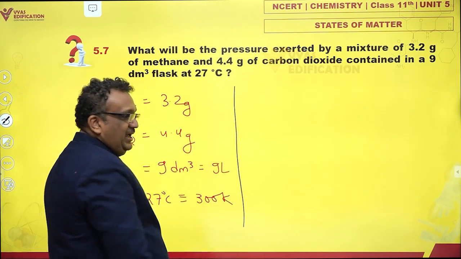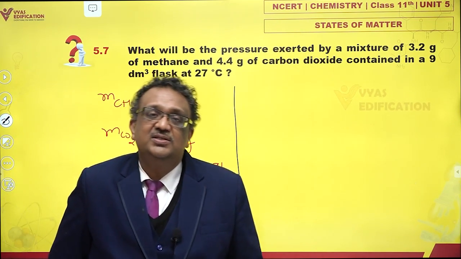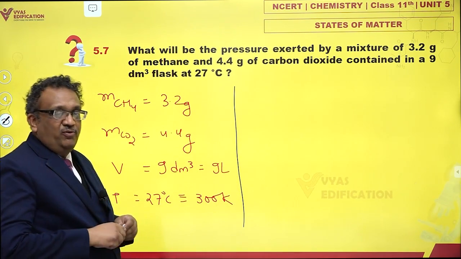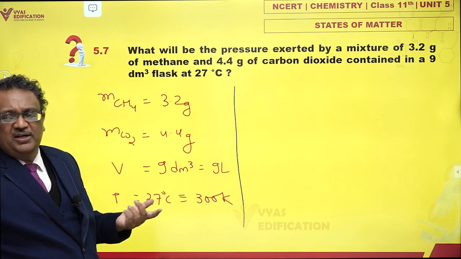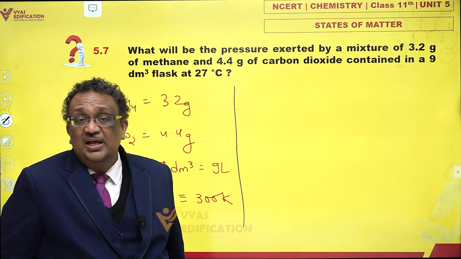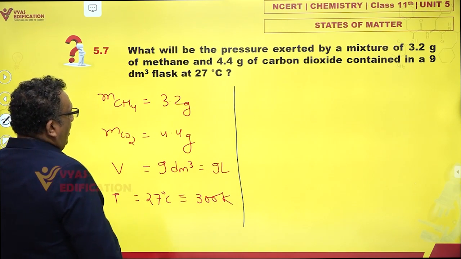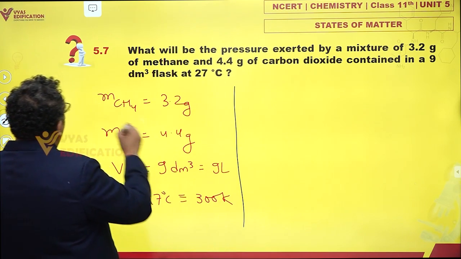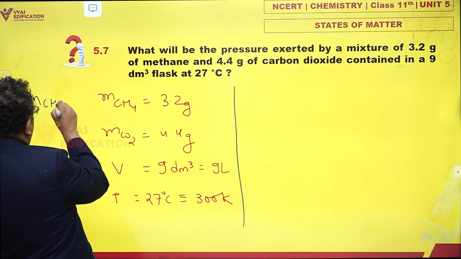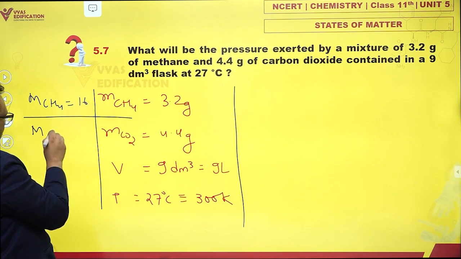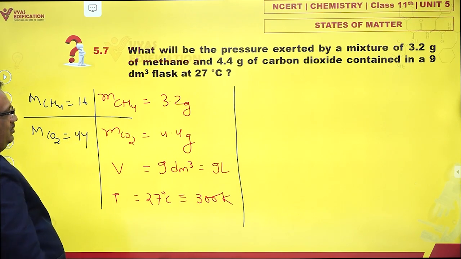Now the pressure of a mixture of gases is simply the sum of partial pressures, if you want. Actually what matters is just the number of moles of gases. The identity of gases has no meaning. If I am given mass, well, what is the molar mass of methane? Molar mass of methane is 16 and molar mass of CO2 is 44 grams per mole.